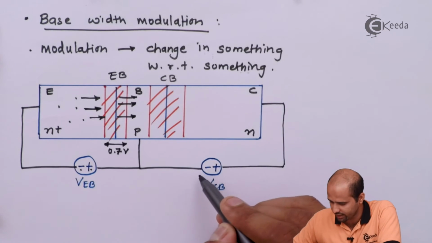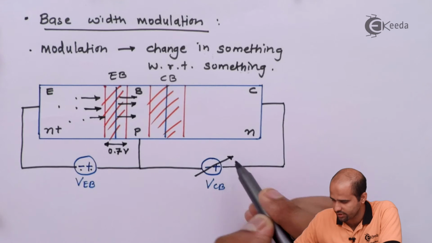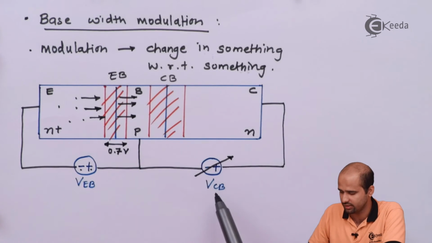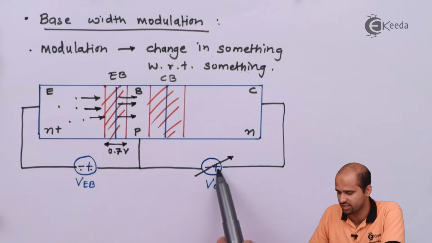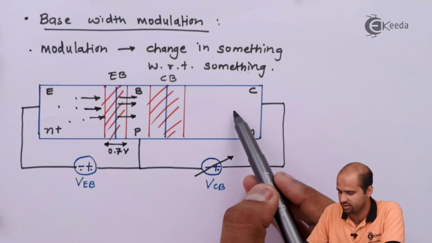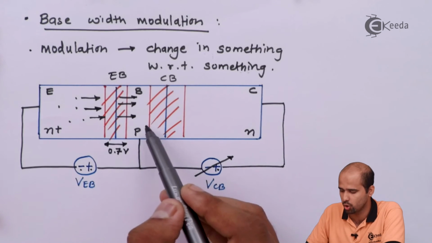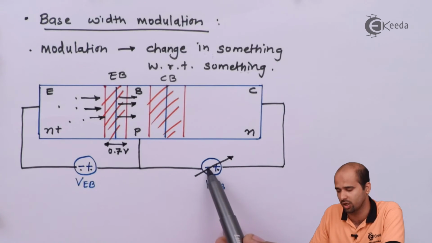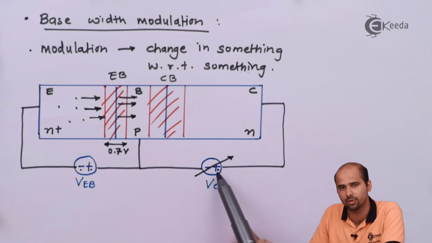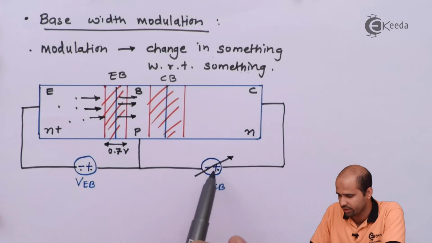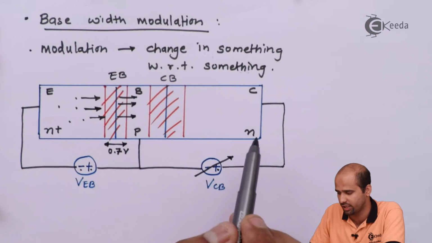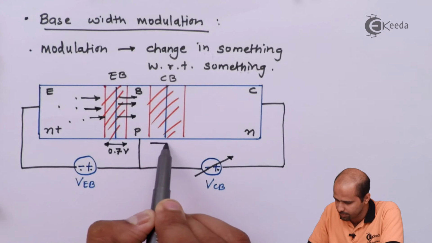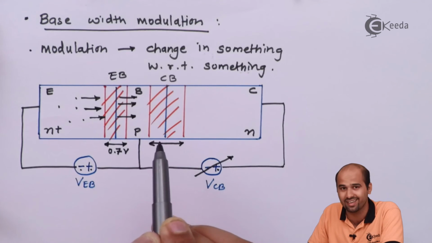If I vary this VCB, as I know that this VCB is placed such that this is positively charged and this is negatively charged, holes will try to enter this terminal of the battery, and due to the positive terminal of the battery, electrons from the collector region will try to move towards it. So what will happen? The width of this particular region will try to increase.